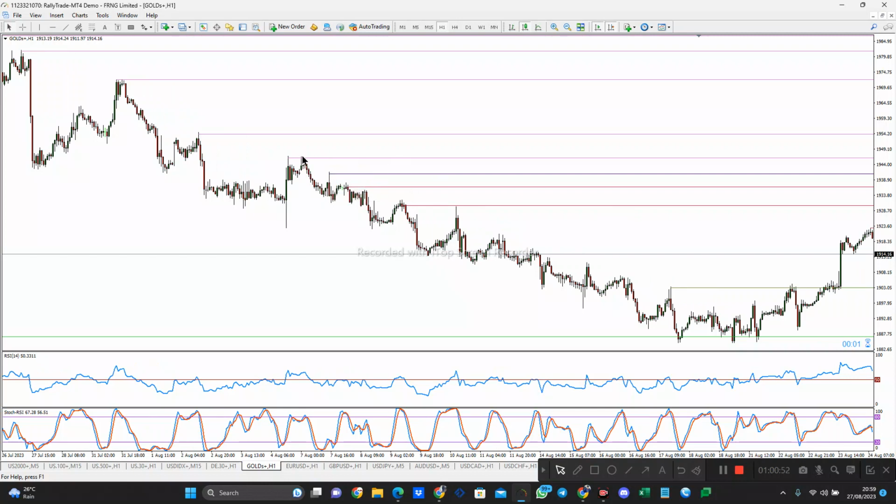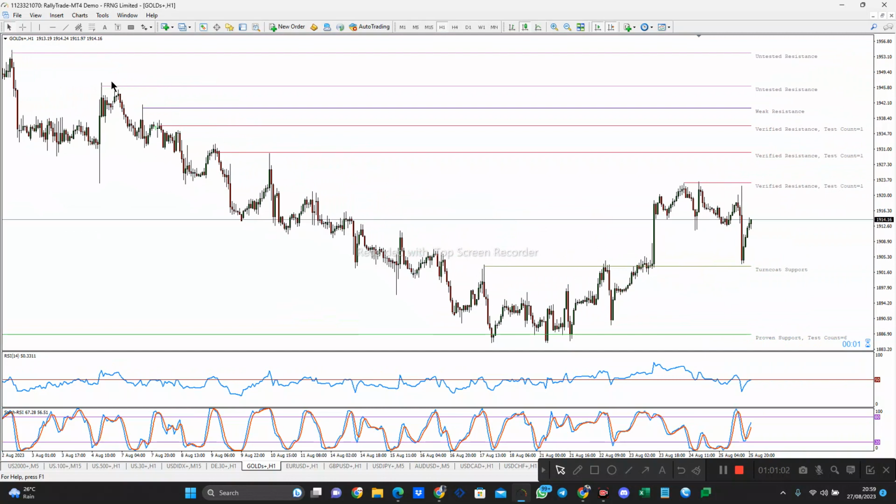You can see a high, then a lower high, and another lower high, and another, again and again, until you have this high and that lower high.